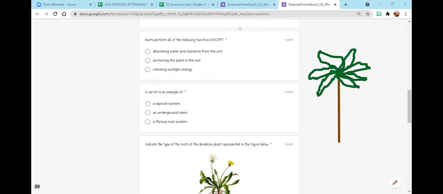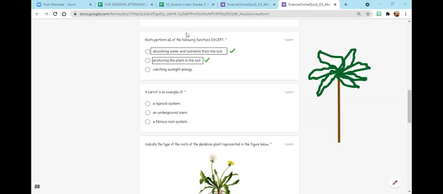This question is for all of you. You can unmute yourself. Do roots take water and minerals from the soil? They do. Do roots fix the plant to the soil? Yes, they do.